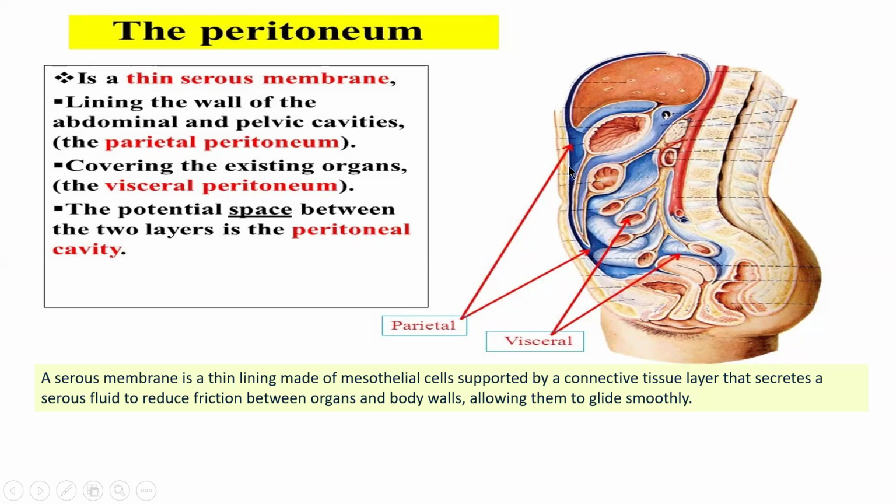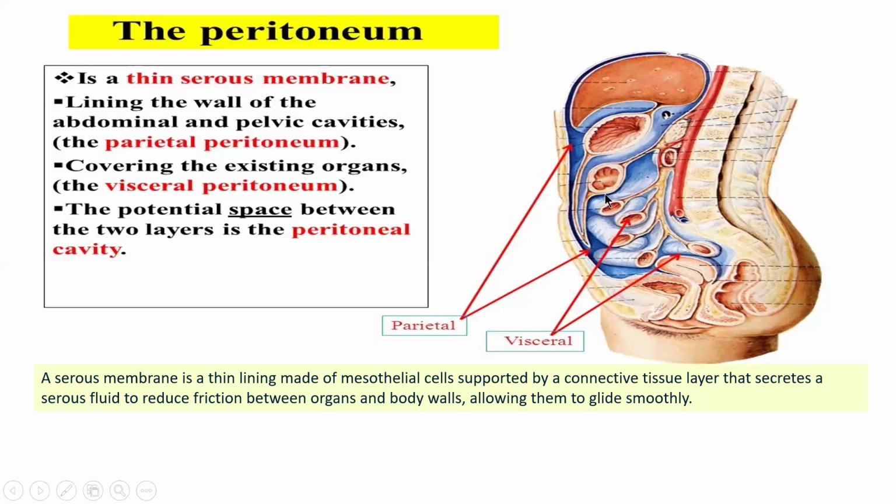These fluids help to reduce friction between organs and body walls, allowing them to glide smoothly. So that is the importance of having peritoneum, because peritoneum reduces friction.